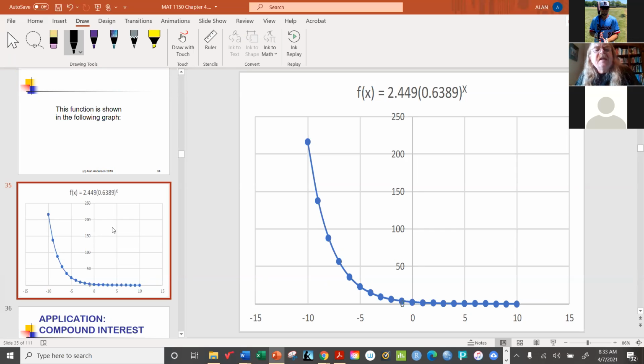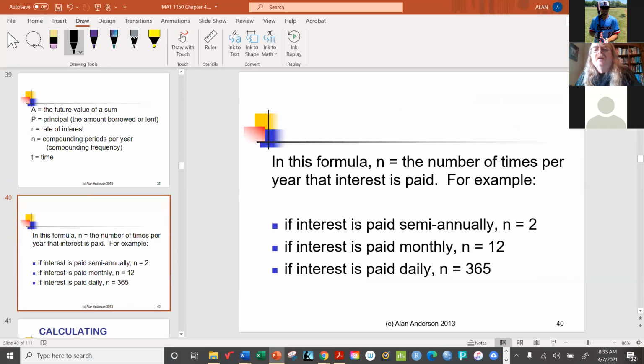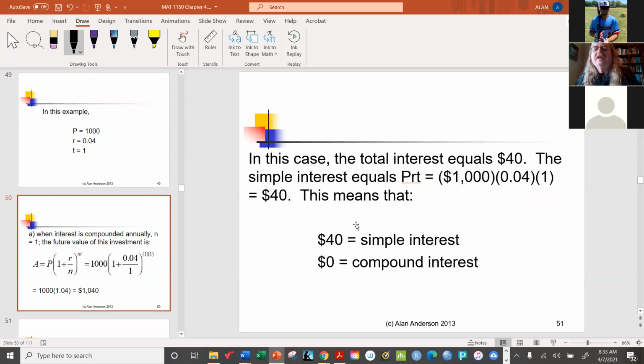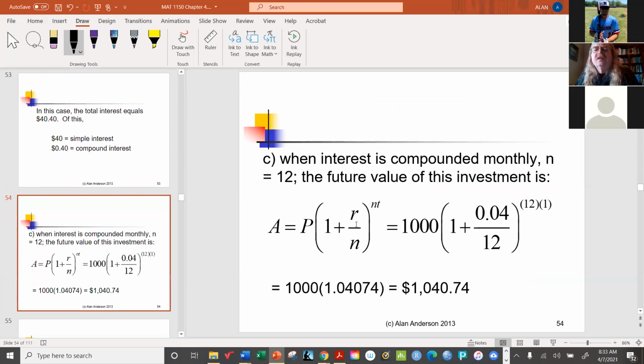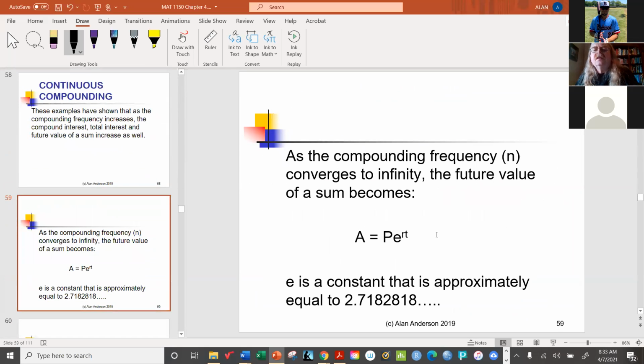Now, we saw some examples here where we applied this to interest rates. And at the end, we discovered that when interest rates are compounded on what we call a continuous basis, let's skip ahead down here, this is exactly what we've been seeing. This is our exponential function, where x is RT and P is the starting value.